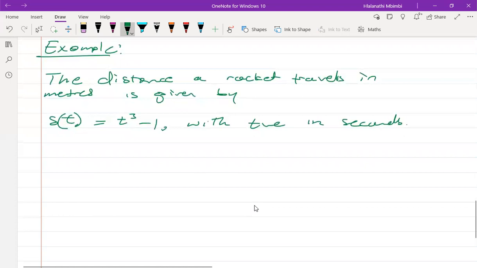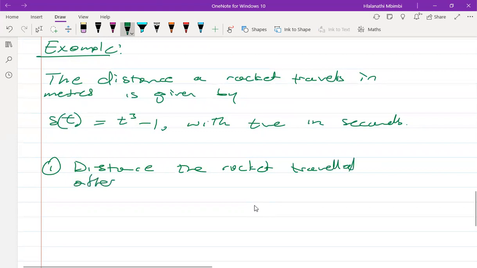That's our example. Now we can ask you all sorts of things for this one, right? We can ask you the distance the rocket traveled after 5 seconds.